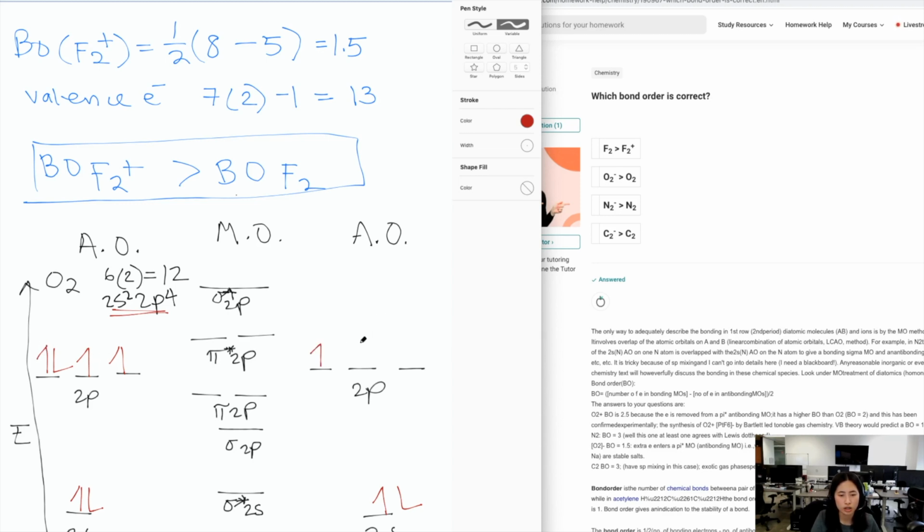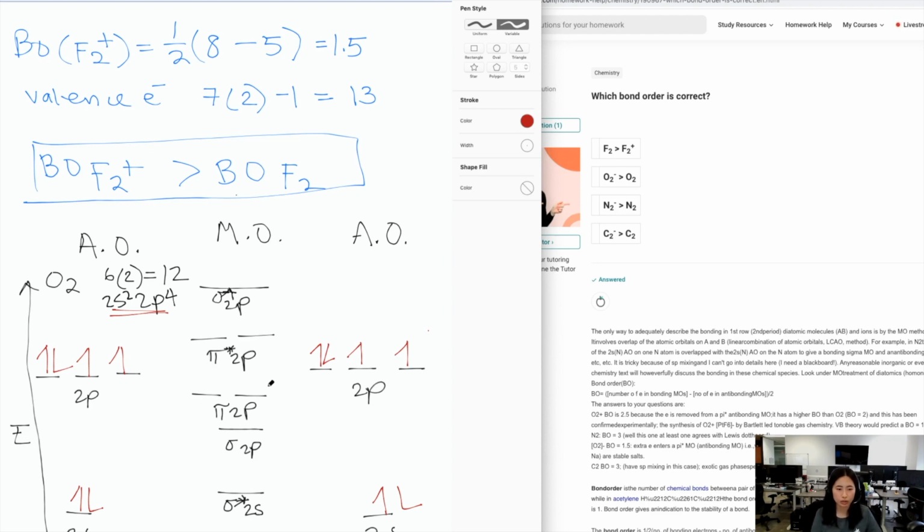So 1, 2, 3, and then 4. By the way, you can also put it right here, as long as you make sure you have up spins for each of your subshells right here. But because I want it to be consistent, I'm just going to put it on the left side. Okay, so in this case, we have 2s2, 2p4, so the atomic orbital of O2 is done.